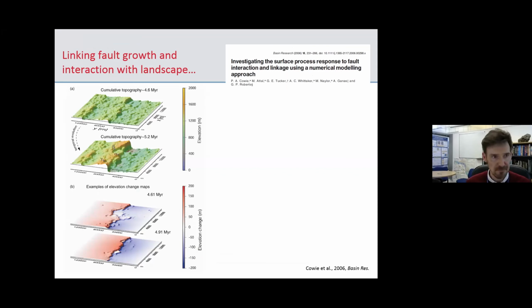I'm actually going to go back to the beginning and talk about what I think is a really seminal paper that the late Patience Cowie produced in 2006 that I and a bunch of other distinguished people were involved in. And what I really liked about what Patience did in this paper was that she coupled together a physical model of fault growth and interaction with a landscape evolution model and could actually see how catchments responded to fault growth and interaction.